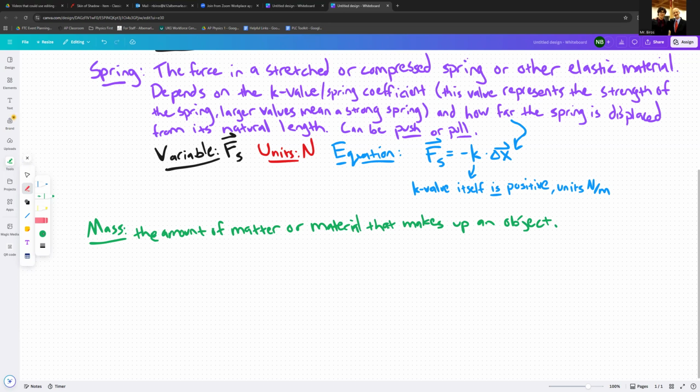Okay, so note that this does not change if you go to another planet.